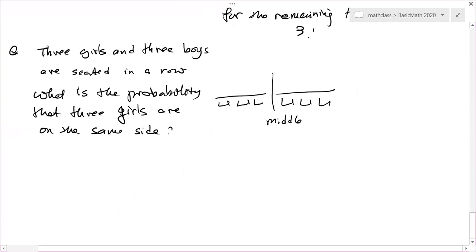All right, so for the probability, the denominator is 6 factorial. The only problem is how to make arrangements for the girls and for the boys. Okay, don't do it so fast. You think about the possible ways to assign the seats. So 3 boys on the left and 3 girls on the right, or 3 girls on the left and 3 boys on the right.